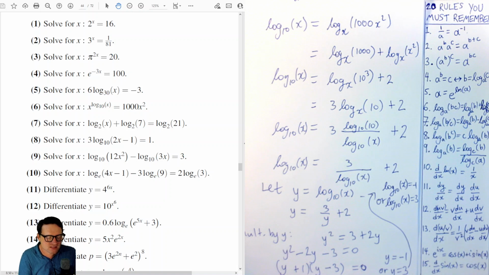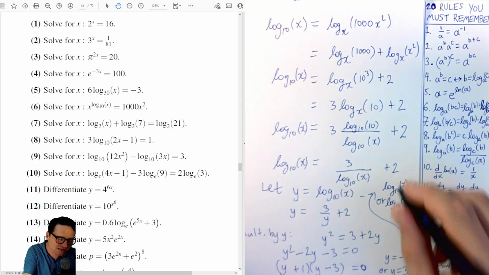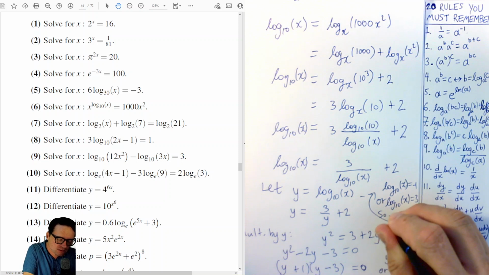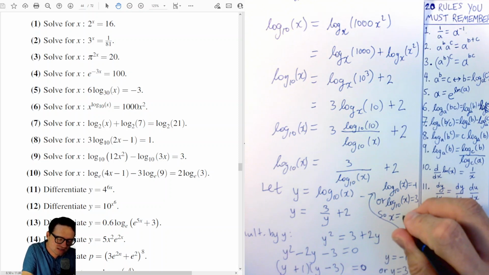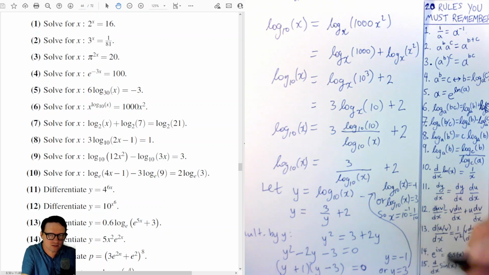Okay, so with these, we can change form using rule number 4. All right, we want to change from the log form to the exponent form. So here we have 10 to the power of minus 1 is x. So x is 10 to the minus 1, which is 1 over 10, 1/10.